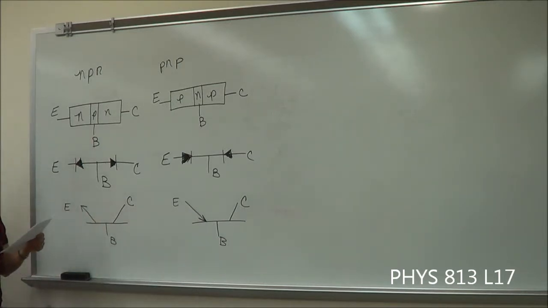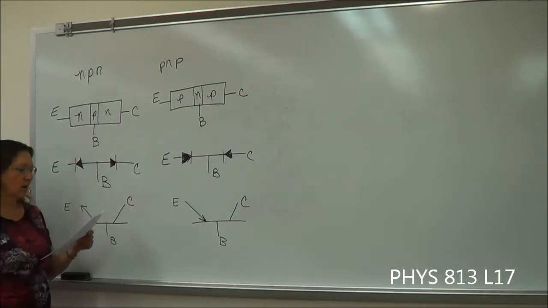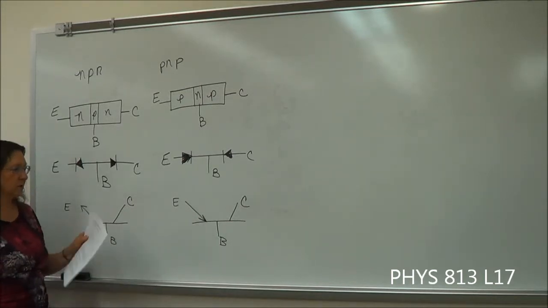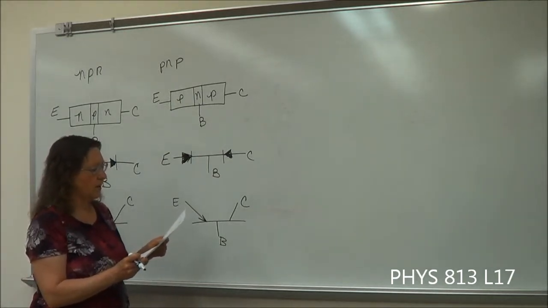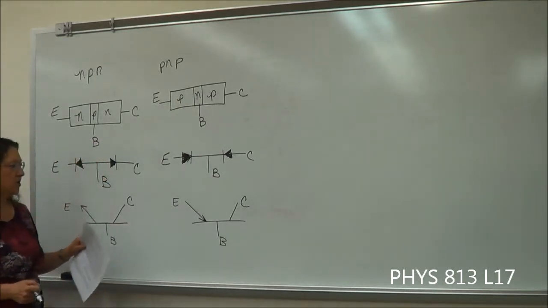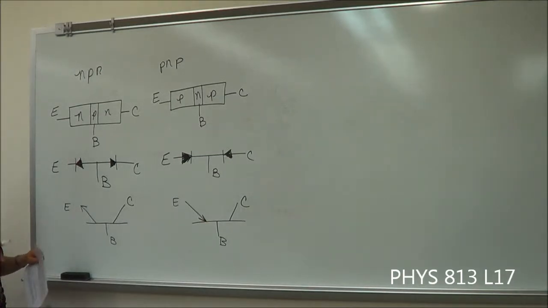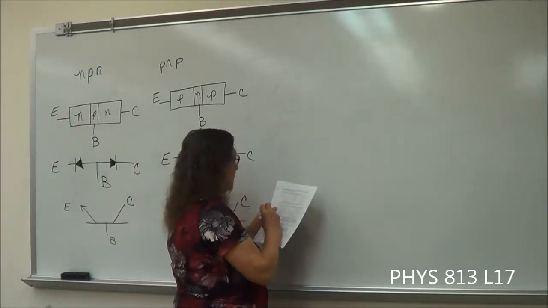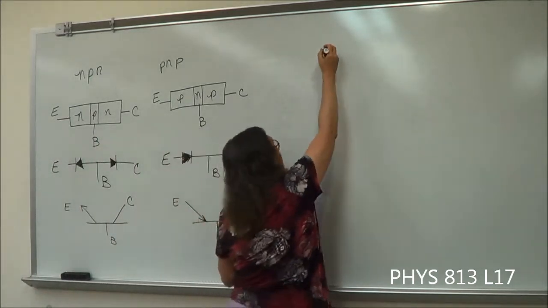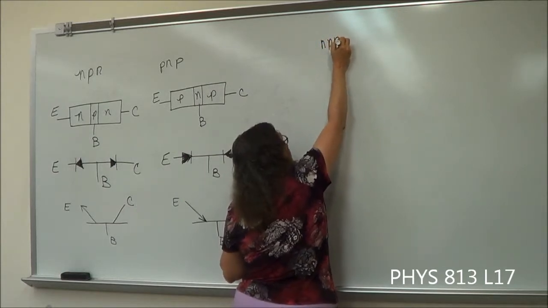So now in step number 4, and these are also in your book, but I wanted to explain just a little bit about them. We're going to draw a circuit for each type of these to show you where the current goes. So this is an NPN, so I'll label that up here.